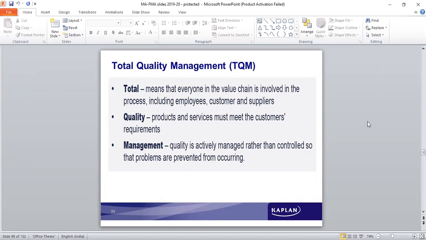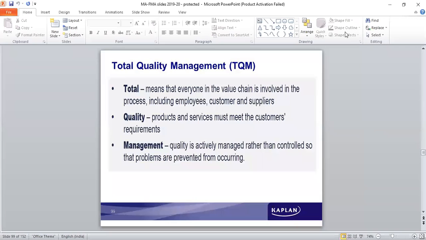The next topic is total quality management. Total quality management is adopted by manufacturing businesses, those who are involved in manufacturing the products, conversion of raw material into finished goods.